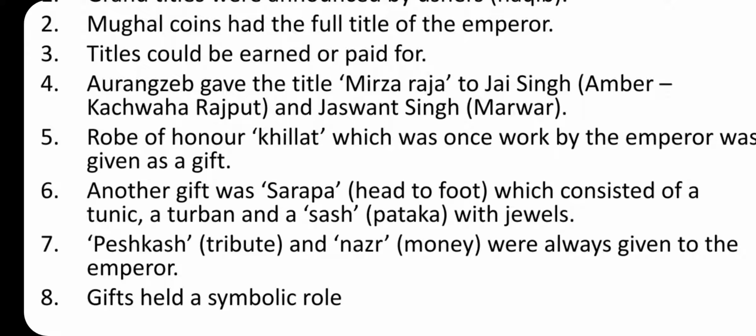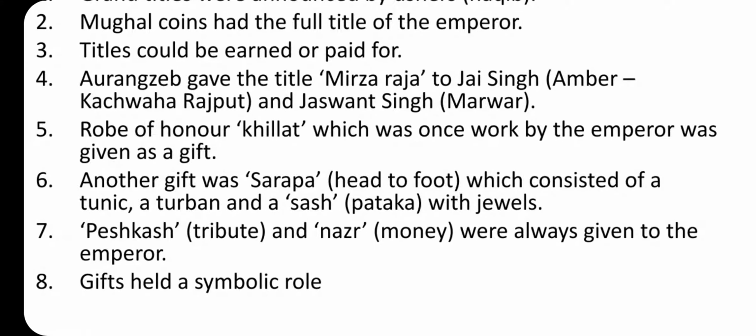Then robe of honor or khillat, which was once worn by the emperor, was given as a gift. So if the emperor really liked someone, he used to give them this robe of honor, something which he had already worn. There was another gift called sarapa.